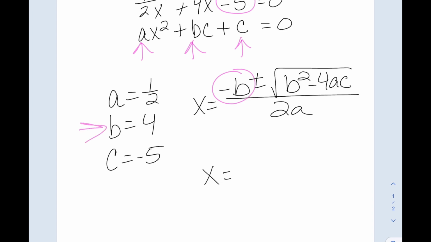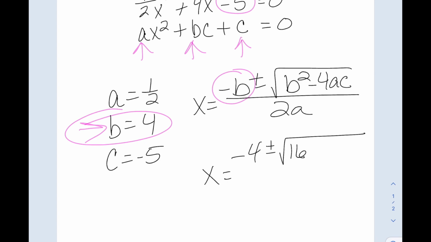If you say negative b, your brain may be tricked into keeping a negative that's already there. But opposite means that whatever b is, you change the sign. So if b is positive 4, opposite of b is negative 4, plus or minus the square root of b squared. 4 squared is 16, minus 4 times a times c, all over 2 times a.